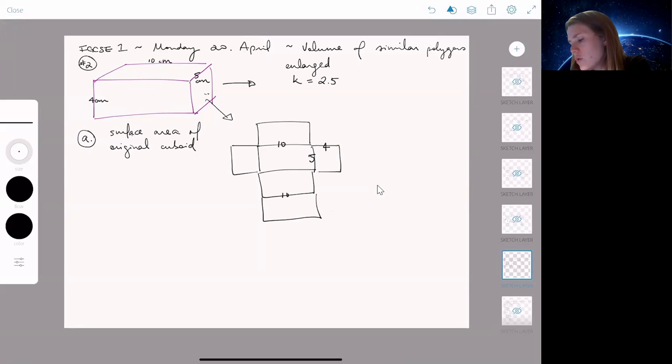So when I am doing this, I know, actually, I know that this one's going to be 5. I made a mistake there.